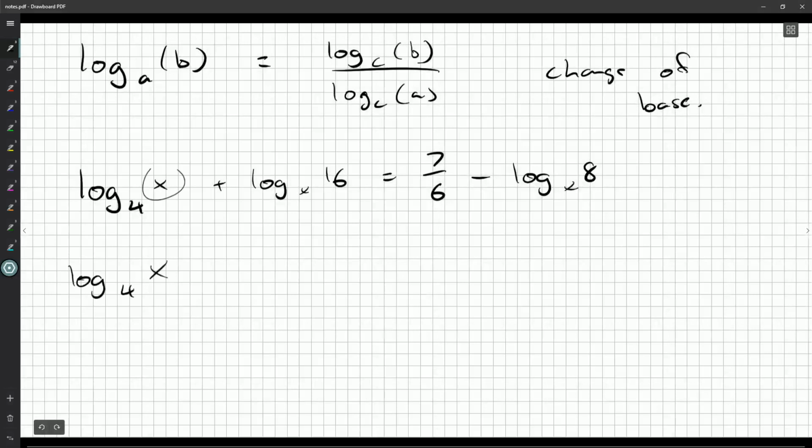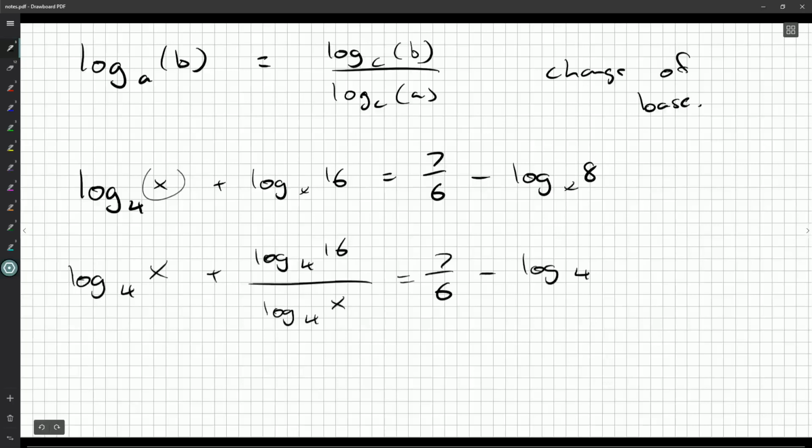And I like the log base 4 of x, so what I'm going to do is trade this to log base 4 of 16 over log base 4 of x, and log base 4 of 8 over log base 4 of x.